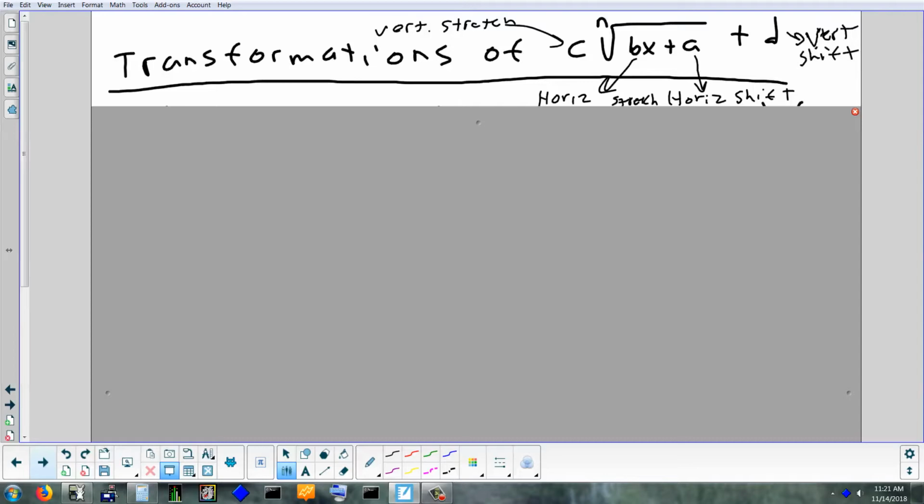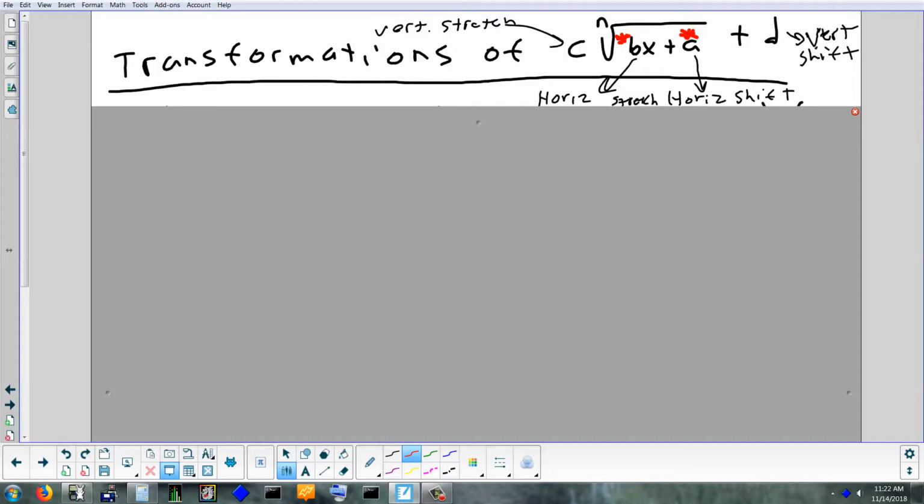Now we've got to be careful because the horizontal stuff always does the opposite of what you would expect. B and A do the opposite. So when I see a plus A, it's going to be a horizontal shift to the left. Plus moves things left. If we see a minus A, it moves things to the right. That's the opposite of what you would think, like if you think of a number line. So what does that mean for B?